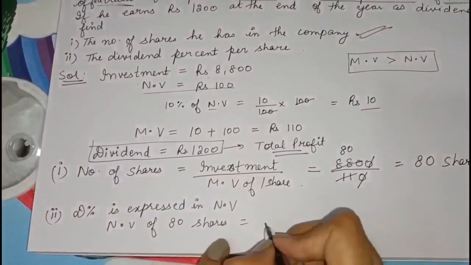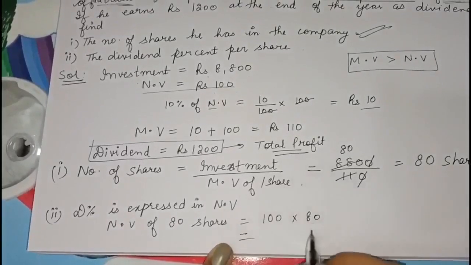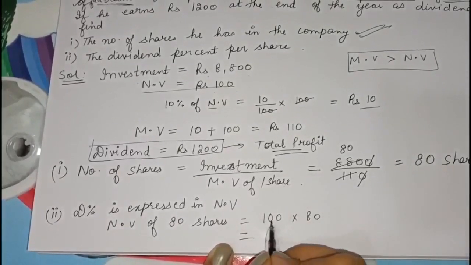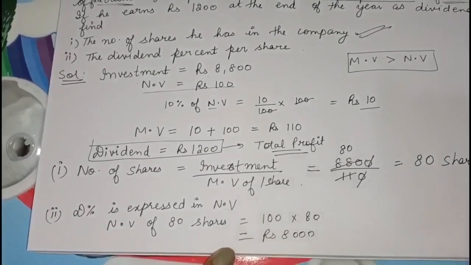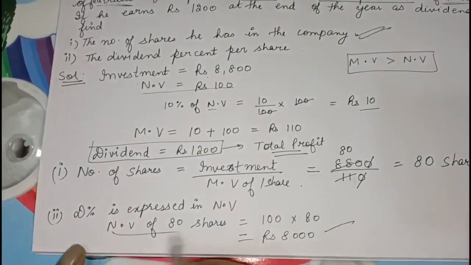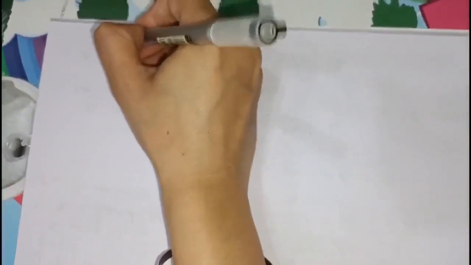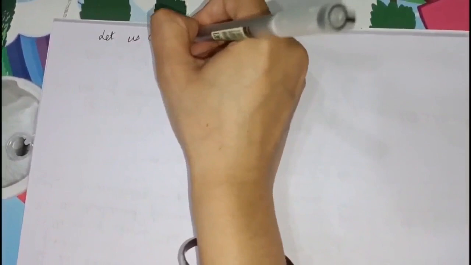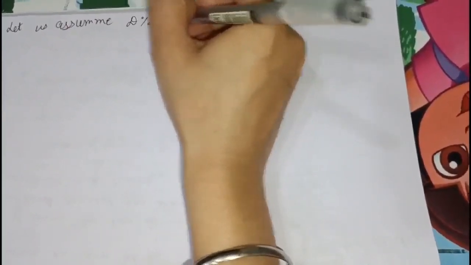So NV of 80 shares is equal to 100 into 80. Here 80 is the number of shares and 100 is the NV of one share. So the NV of 80 shares is rupees 8,000. Now let us assume that the dividend percentage is equal to X percent.